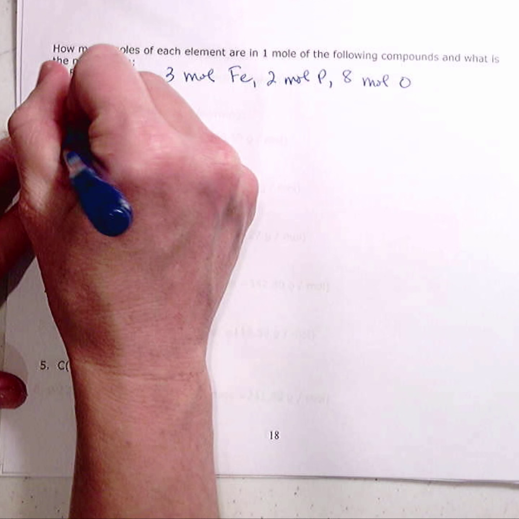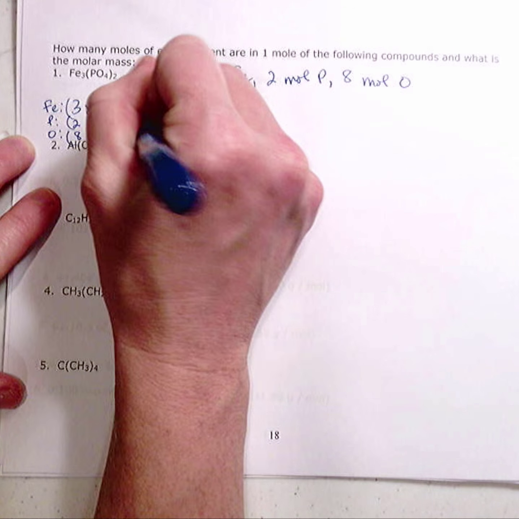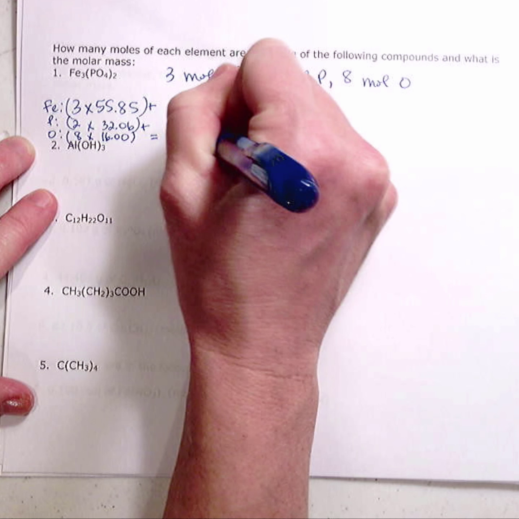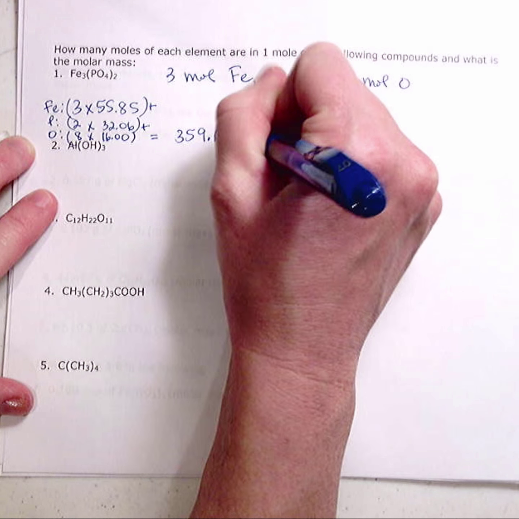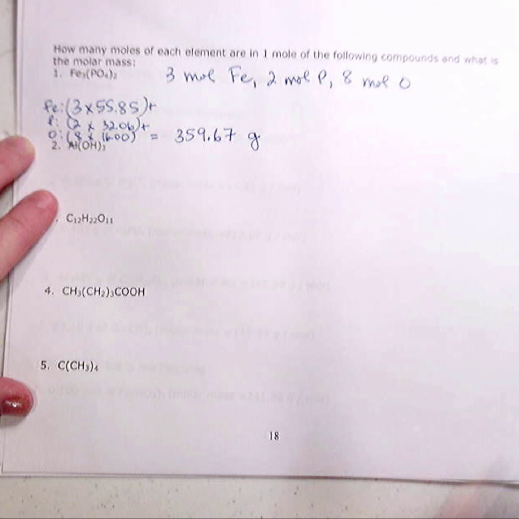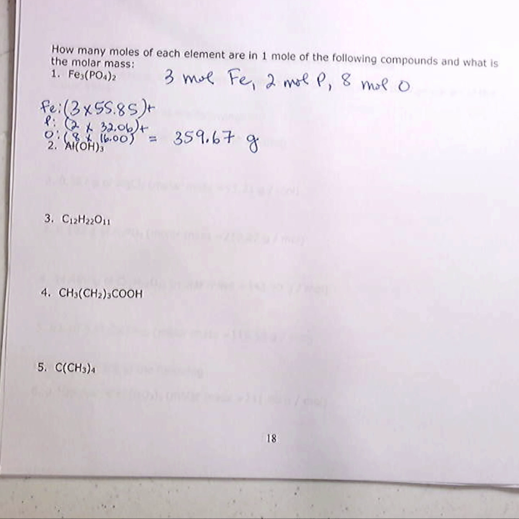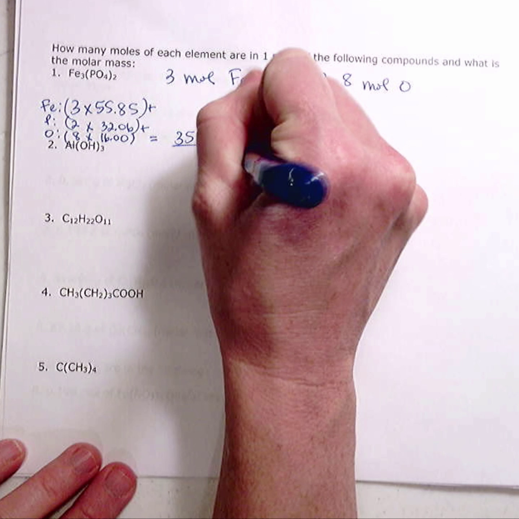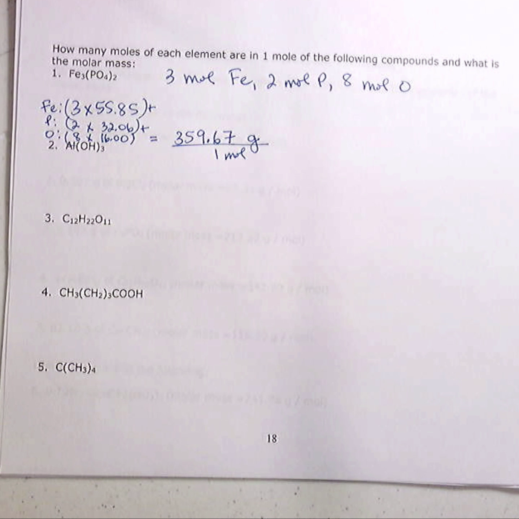Add, equals, and you get 359.67 grams. So you can write the units grams or grams per mole. I really prefer to say grams per mole. It makes it so much easier when you're trying to work through a gram-mole conversion problem.